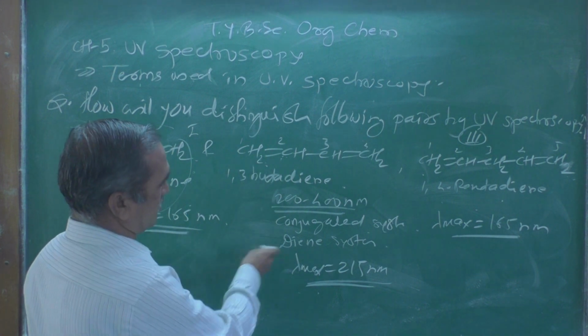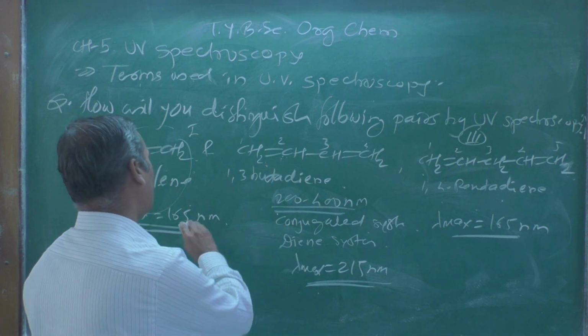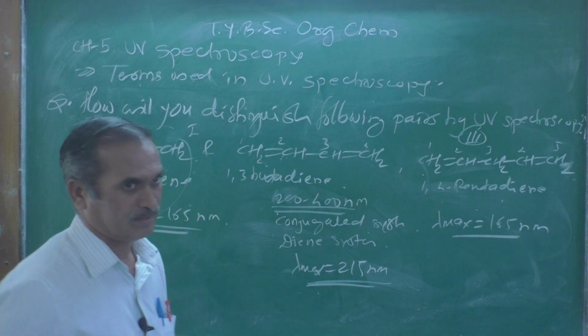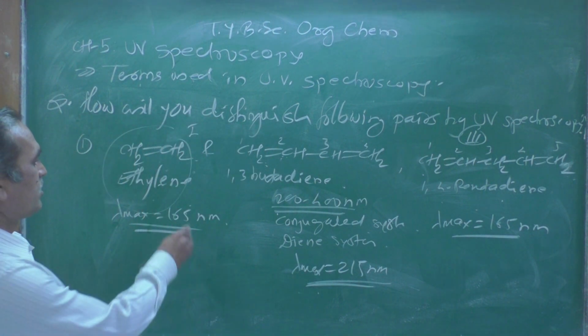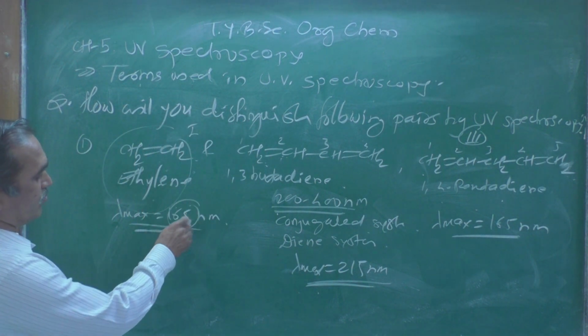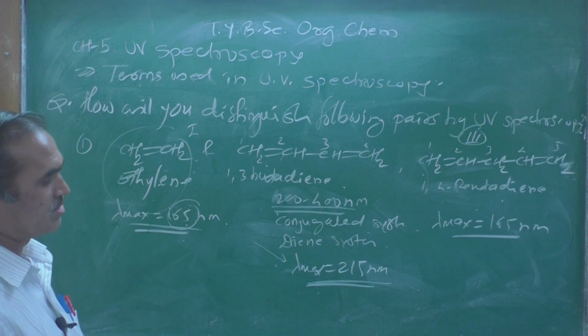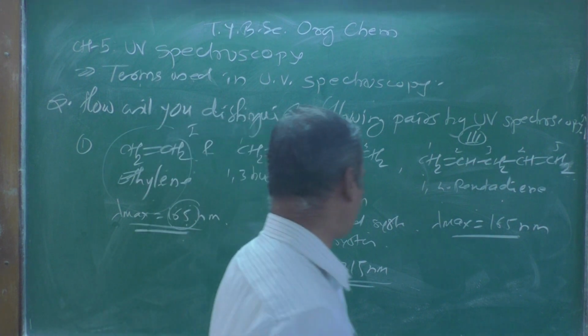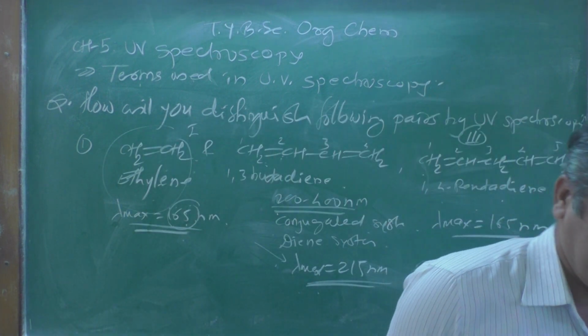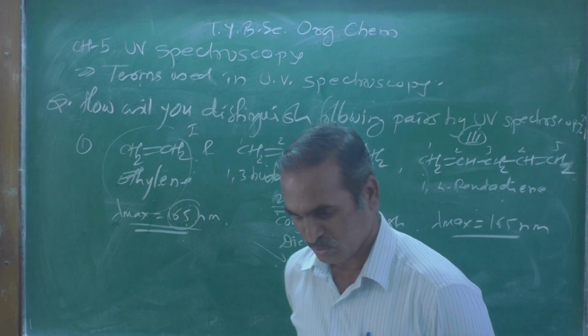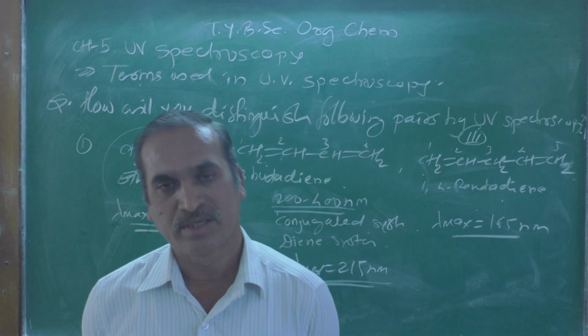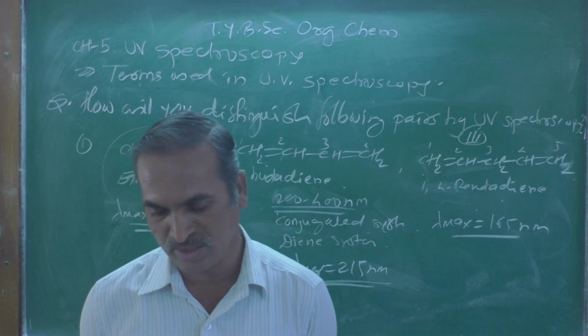But the conjugated diene system will produce a band around 215 nanometer. So in this way we can easily distinguish these pairs from each other.